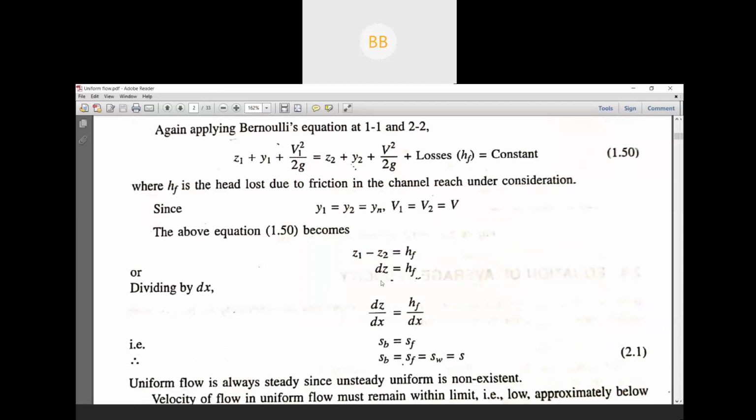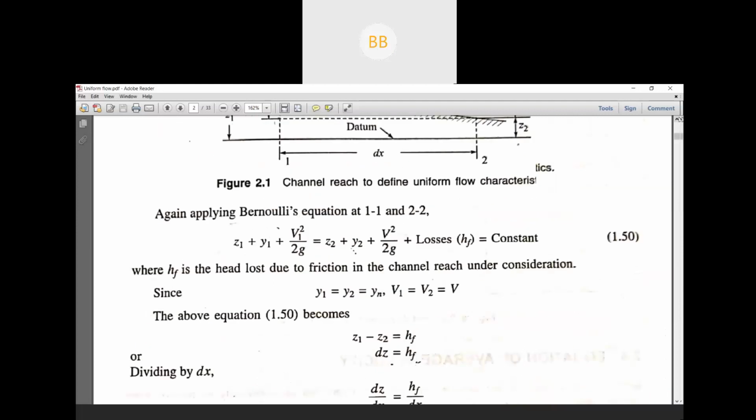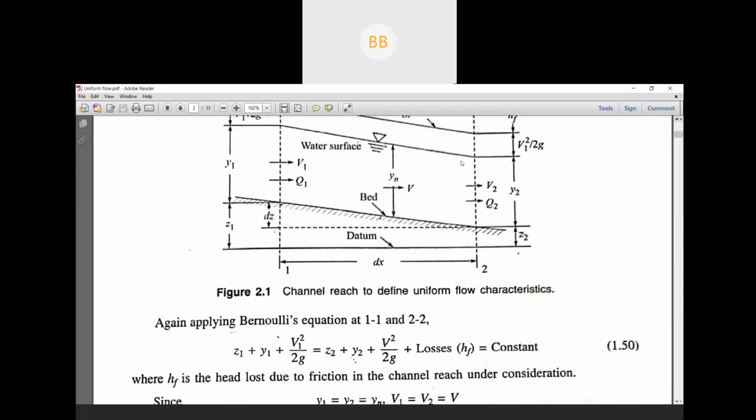You can bring it to the left-hand side, so it will be Z1 minus Z2. You can write dz. This is dz, the change in datum head, that is Z1 minus Z2.